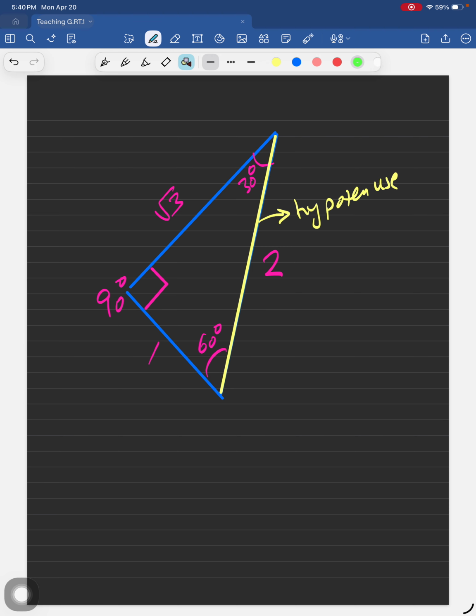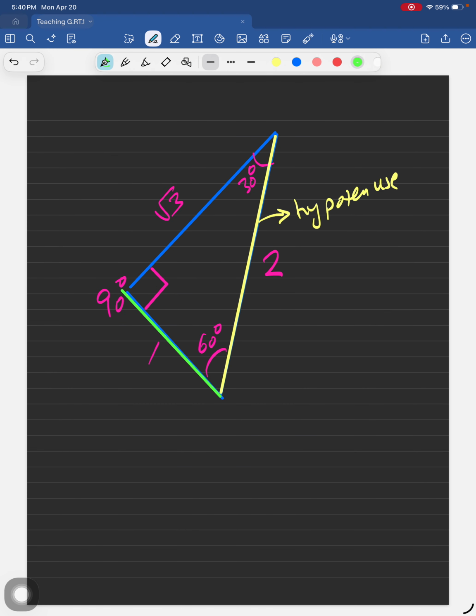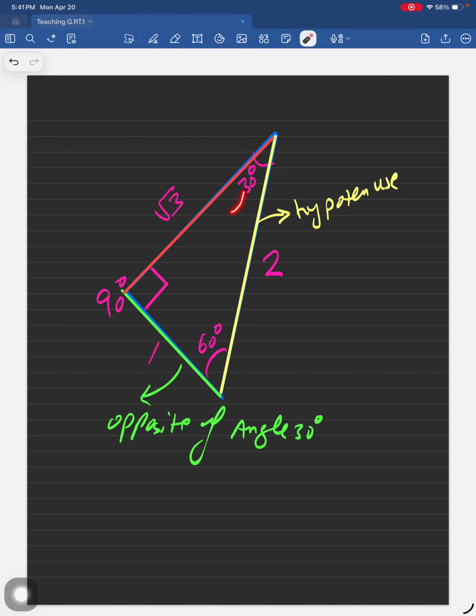So this side here, okay, and this side is the opposite of angle 30 degree, and the last one, which is this one, I can highlight it like this. As you can see, this is the nearest one, which is adjacent to the angle.